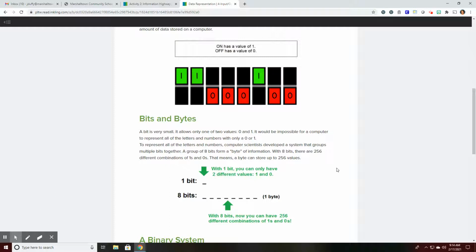With 8 bits, there are 256 different combinations of zeros and ones. That means a byte can store up to 256 values. With 1 bit, you can only have 2 different values, 1 and 0. With 8 bits, now you can have 256 different combinations of ones and zeros.